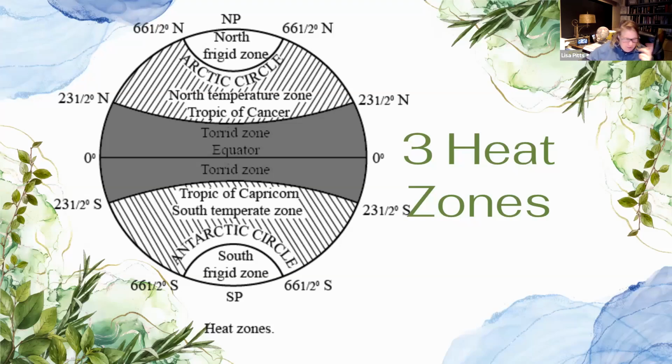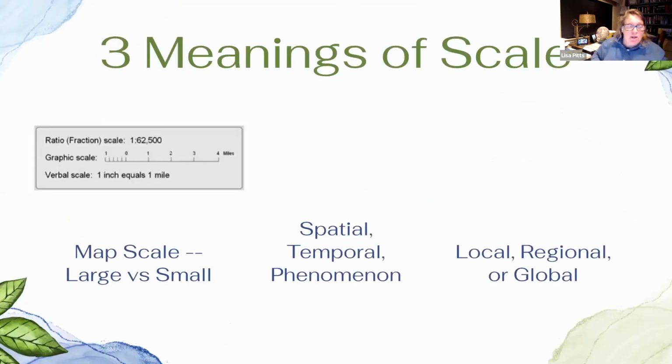So torrid is hot, and frigid is cold, and temperate is those areas that are quote unquote suitable for human inhabitants.